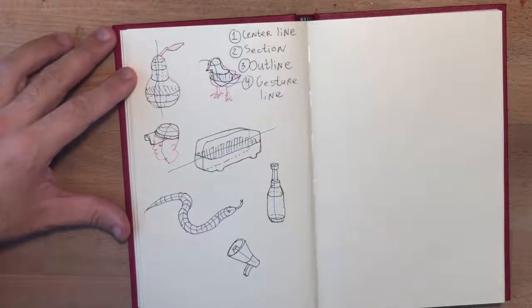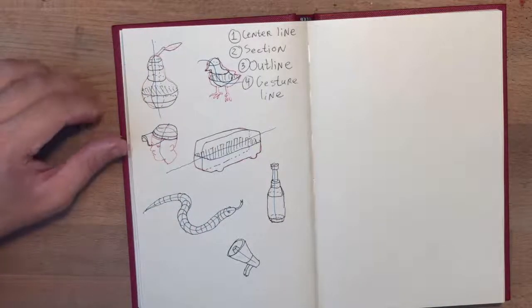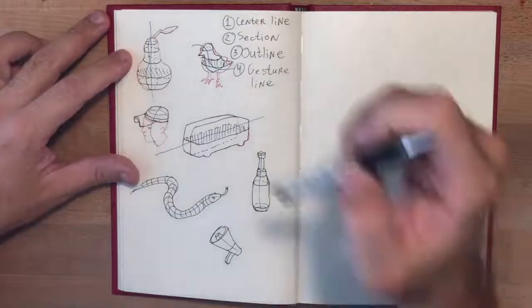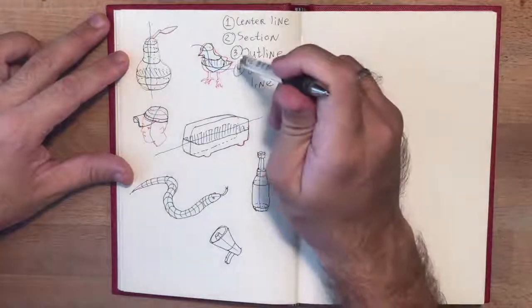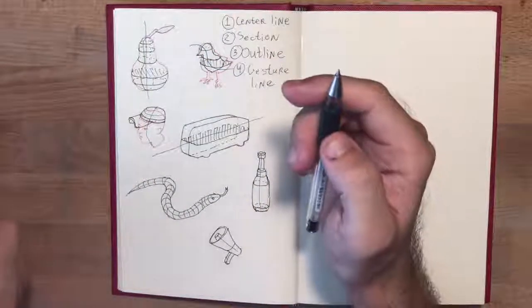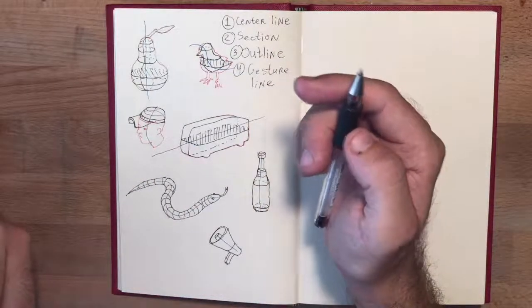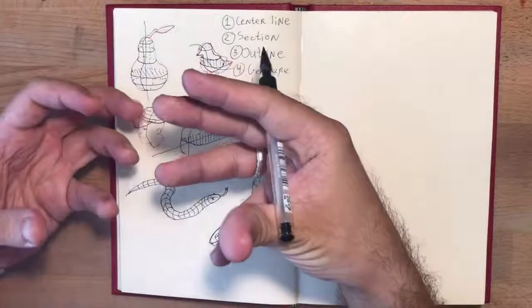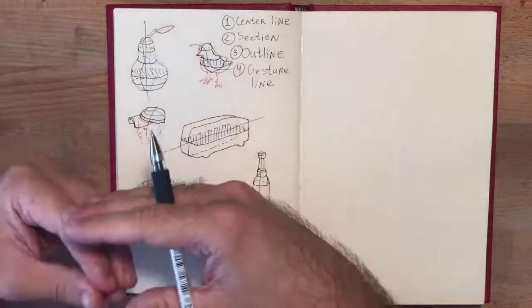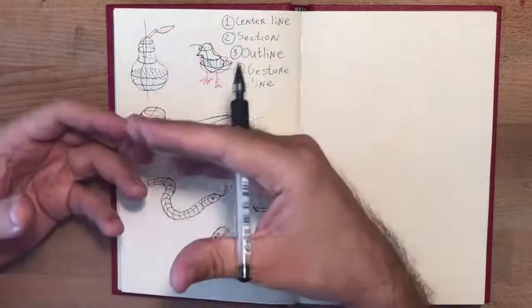What is important to understand here is the section line and center line. They are construction elements, but you can represent them by just making hatching.